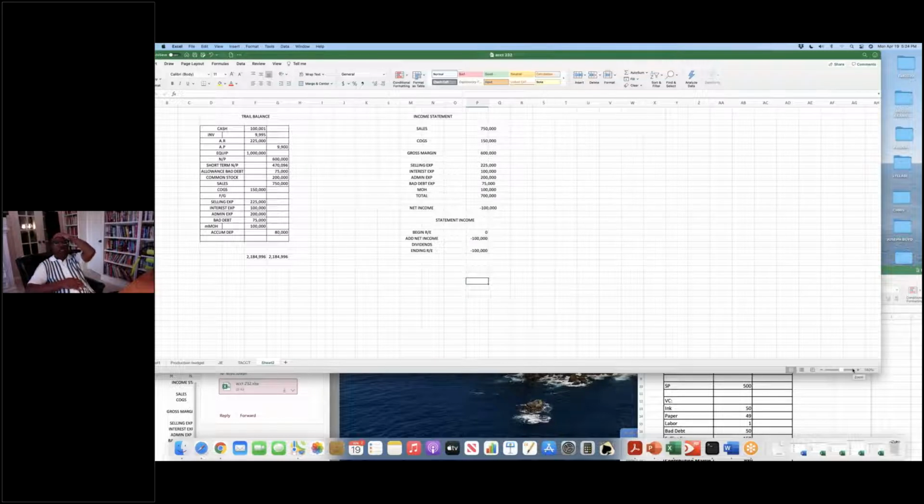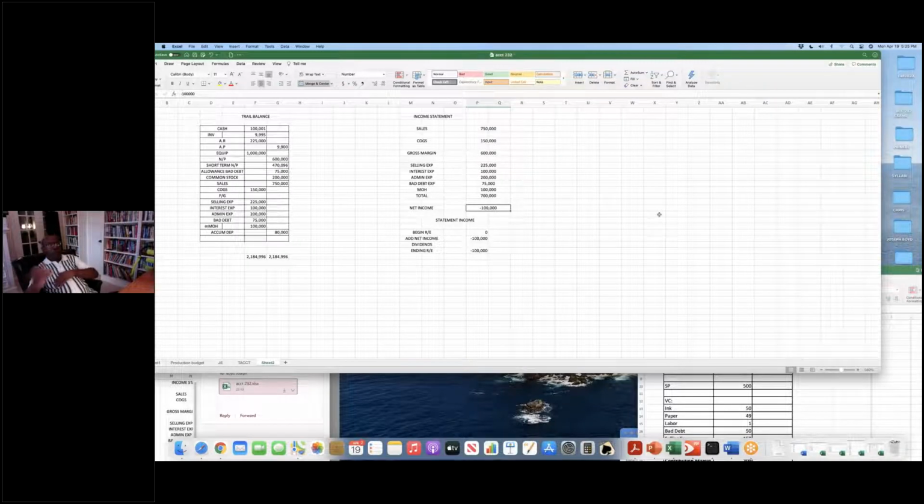So this is what you're supposed to have. When we have that, then we do this income statement. Look what we have on the income statement. I don't know why I put finished goods instead of inventory.